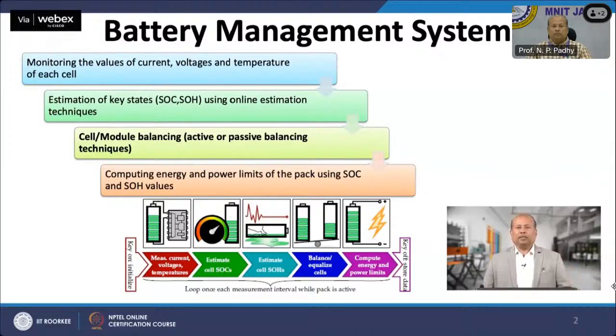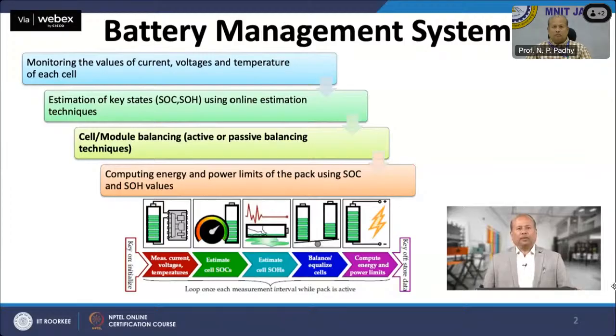using online estimation techniques; cell balancing to balance the voltage or SOCs using active or passive components; and computing the energy and power limitation of the pack using estimated SOC and SOH values.